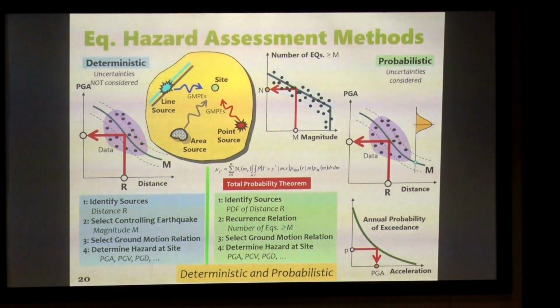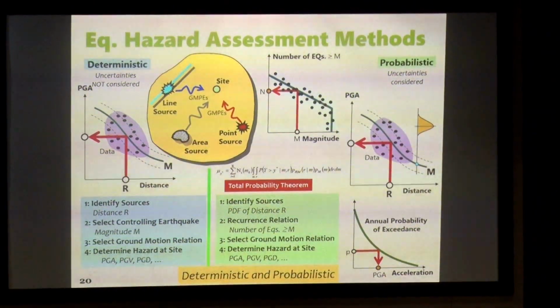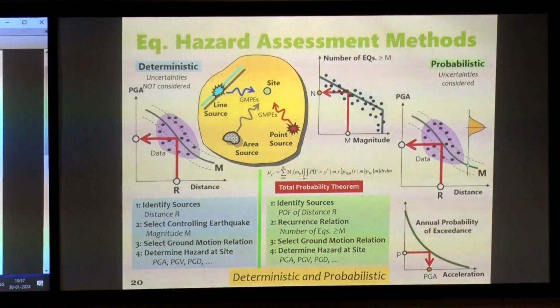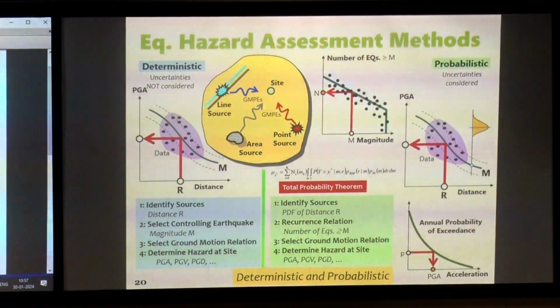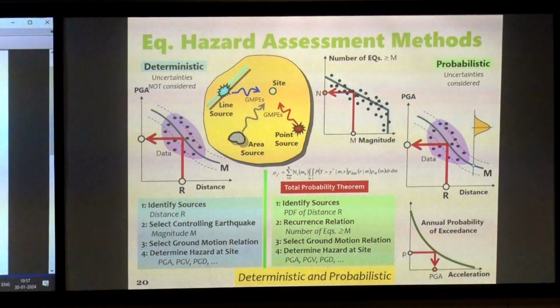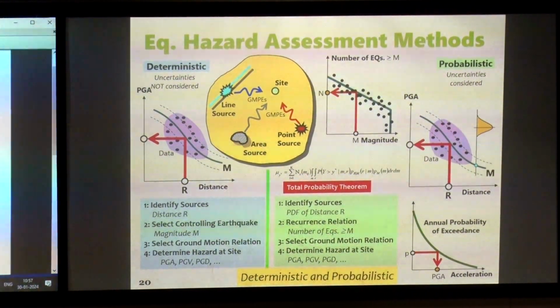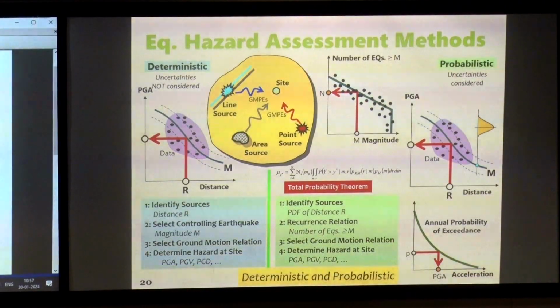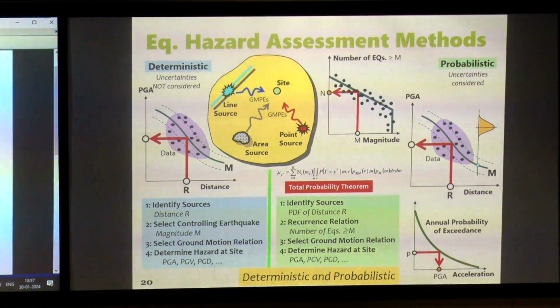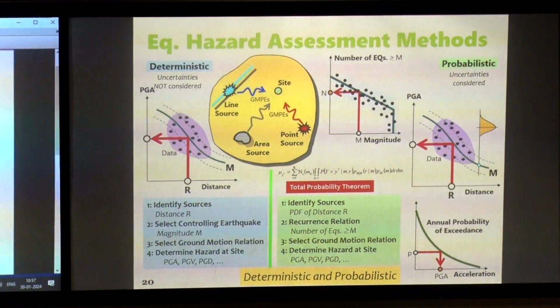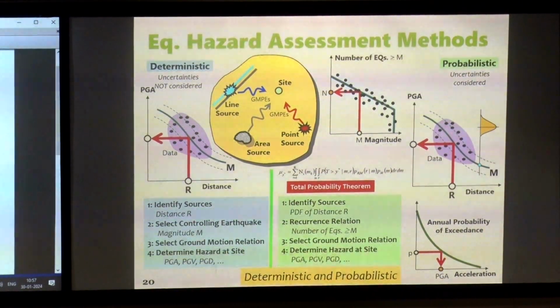But for the time being, how is this hazard assessment done? It is made up of 2 parts. One is the deterministic part, and the other is the probabilistic part. I'm not going to go into the details of all this, but essentially there is actual recorded data which is used, and then based on that, the actual fault map is used, and then using a statistical method, this analysis is carried out.